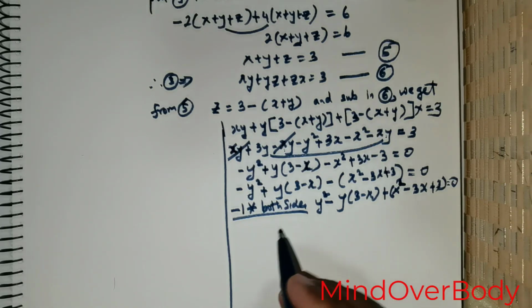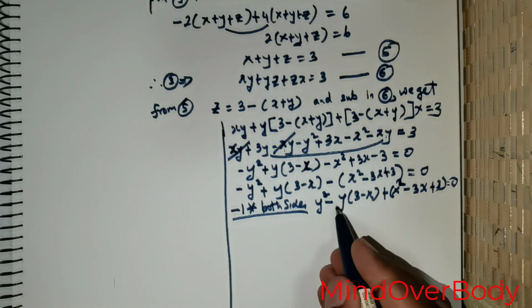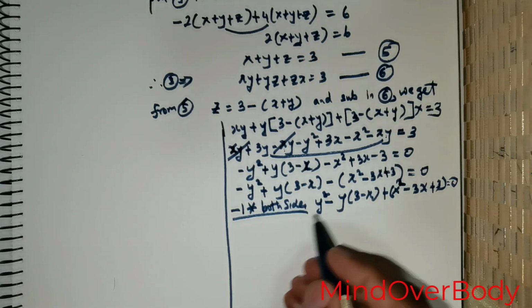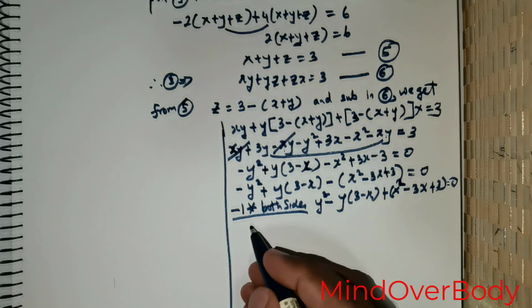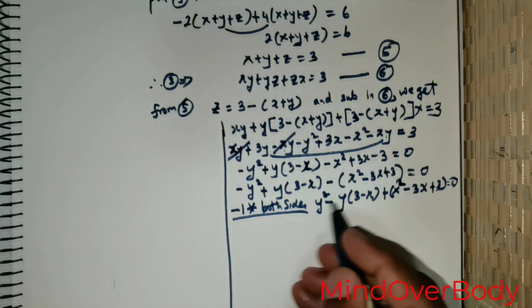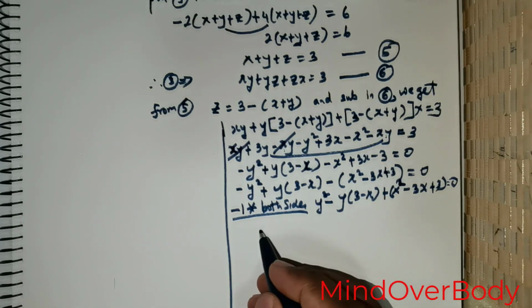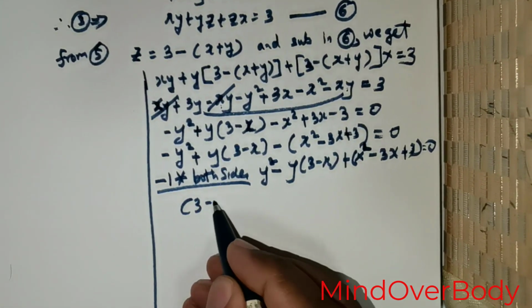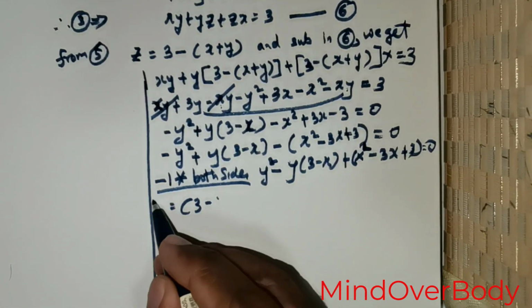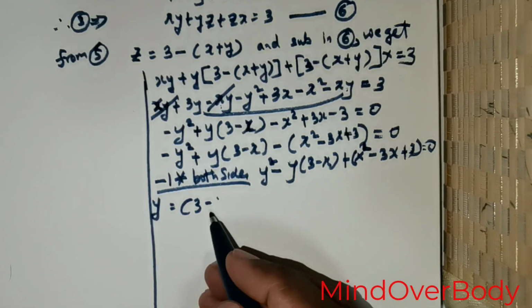Now using the quadratic formula, this is going to be minus b, right? So if you use this formula, this is going to become positive. So it's going to be 3 minus x. Of course, on the left side you get y. We are solving for y.